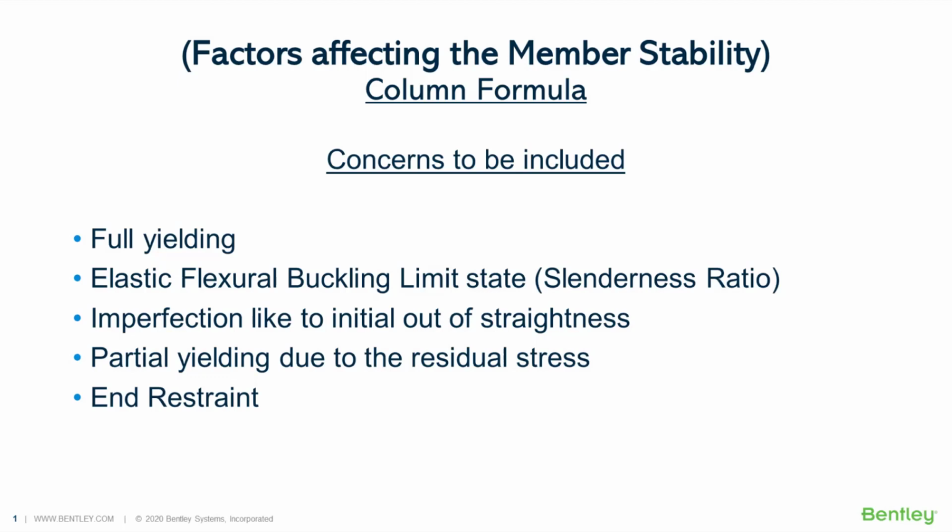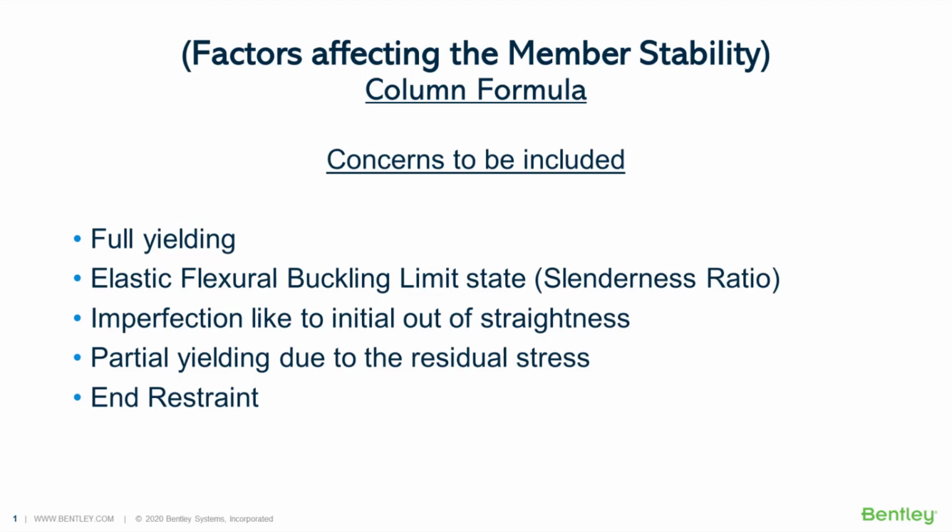So if we have the equation or column curve having all this consideration, then it will guarantee the proper determination of the member stability and the available strength limit state. So let's quickly see how these factors were considered in developing the column formula or the column curve.